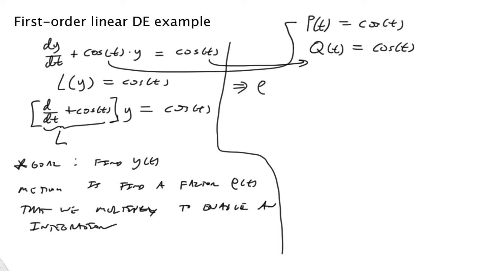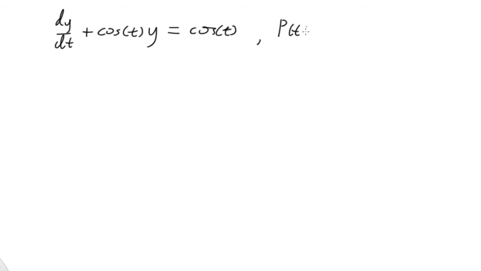It's dy/dt plus cosine t times y equals cosine t. Again, that means P of t is equal to cosine t, and Q of t is equal to cosine of t.